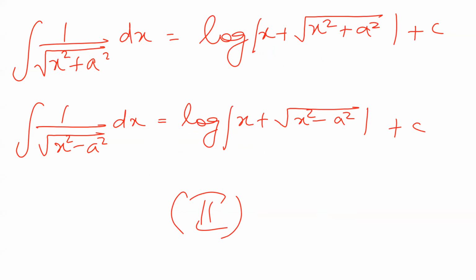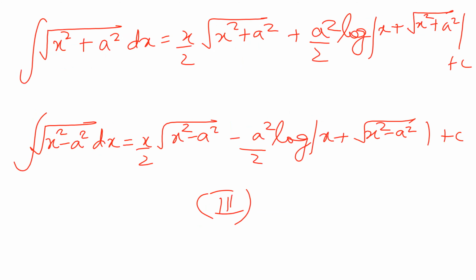Okay, so just take a look at the formula. 1 upon root of x square plus a square dx is equal to log modulus x plus root of x square plus a square plus c, and 1 upon root of x square minus a square dx is equal to log modulus x plus root of x square minus a square plus c.